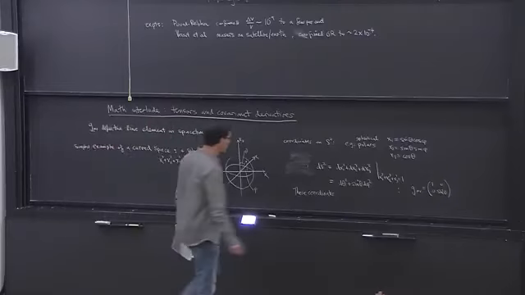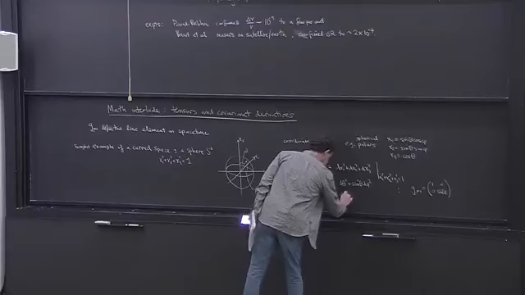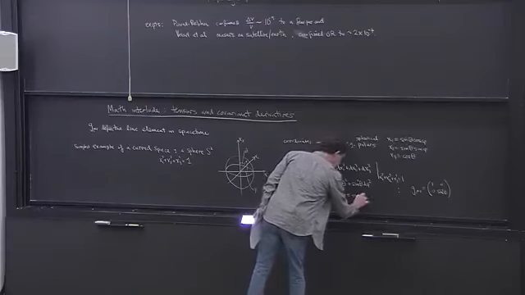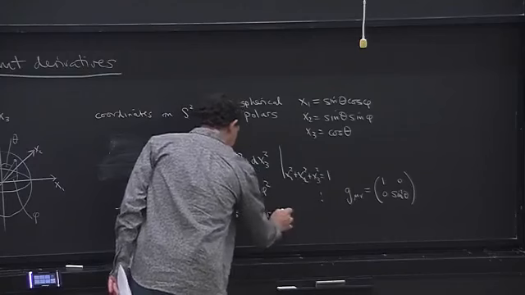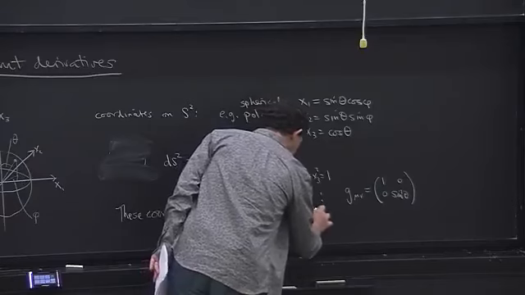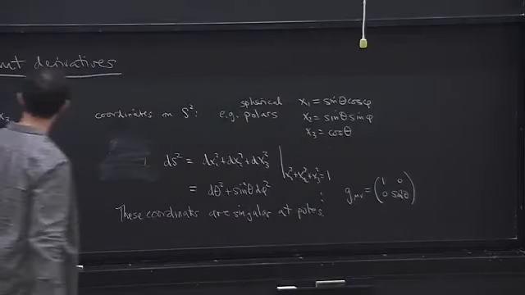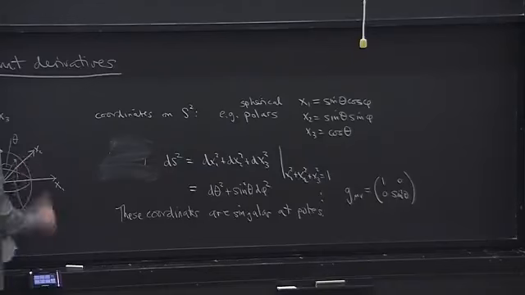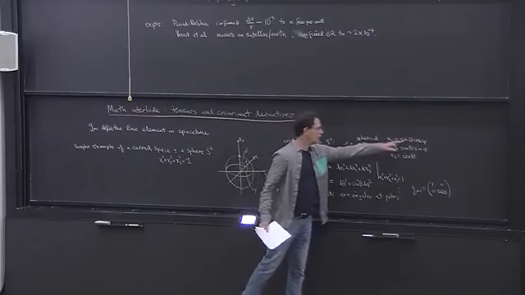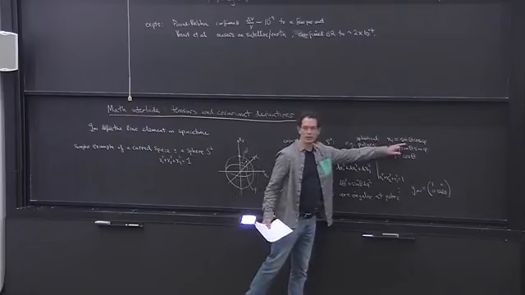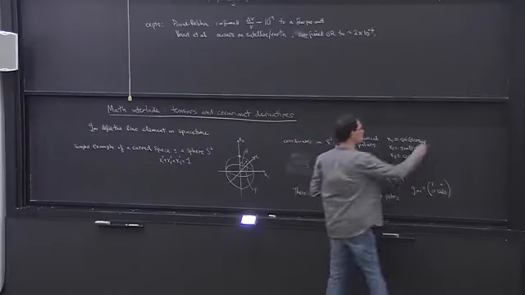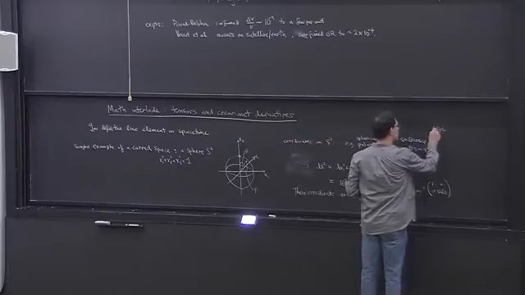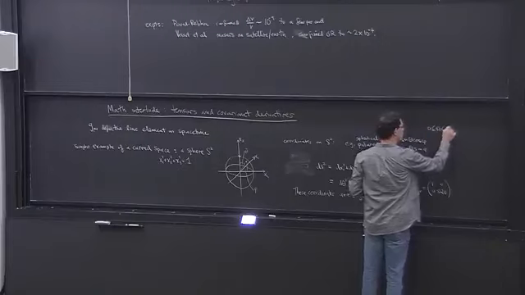Pardon? Singular. They are singular at the poles, yeah? Why is that? Because the pole is obviously one point, yet it's described by theta equals 0 and arbitrary phi. You see, this theta ranges over 0 to pi.